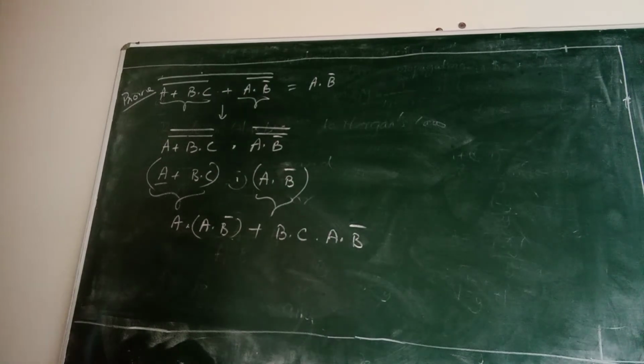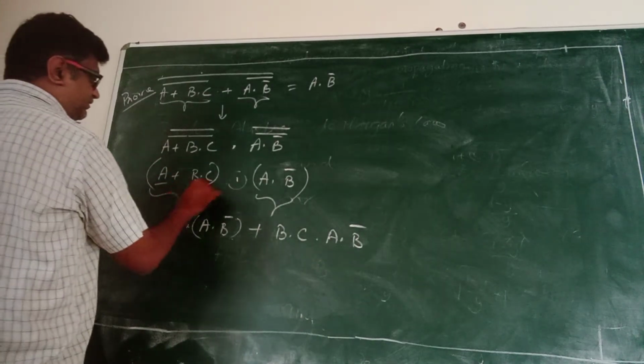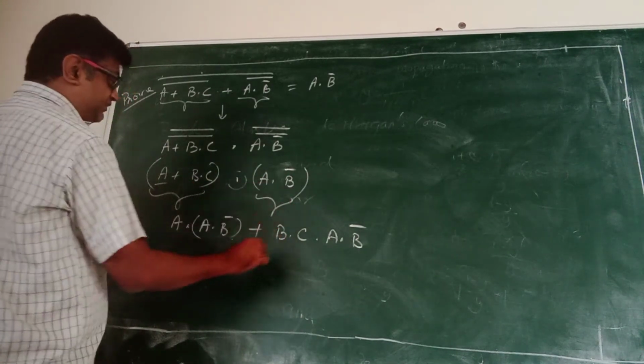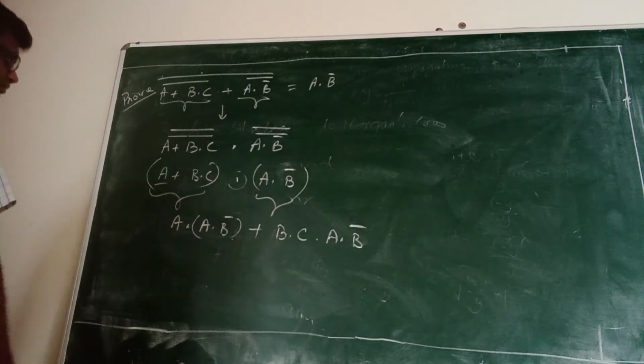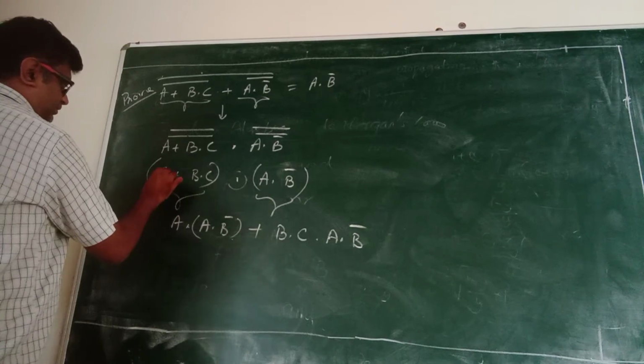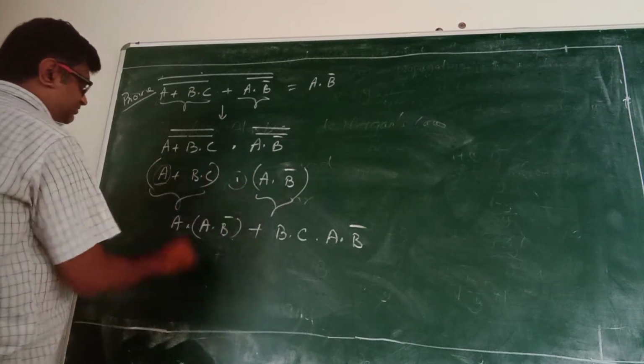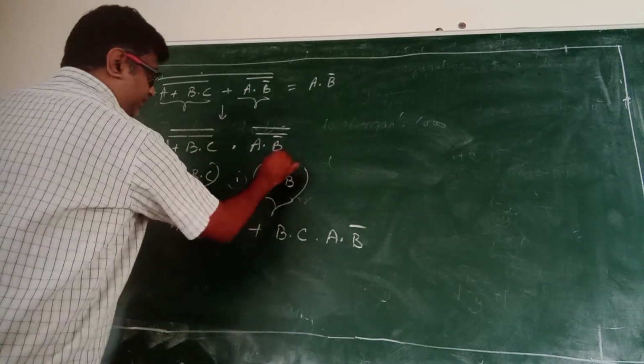Okay? So treating this whole thing as one signal, we have applied the distributive law. So there what I did, I took this and multiplied this, I took this and I operated on this.